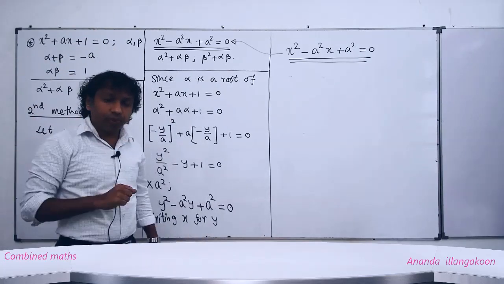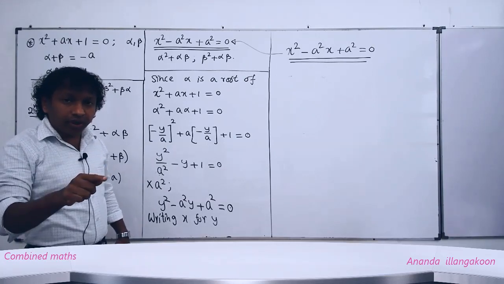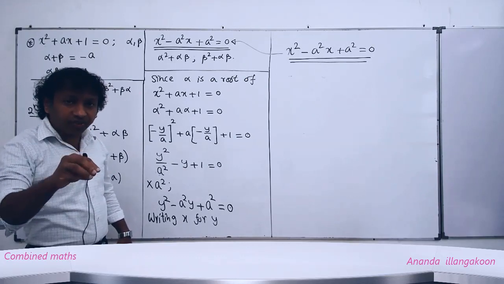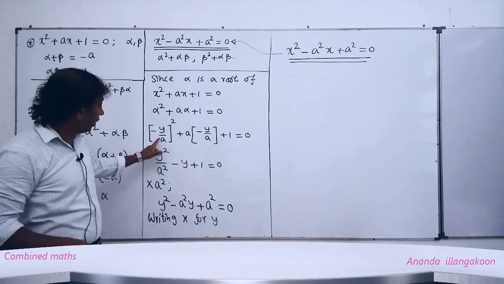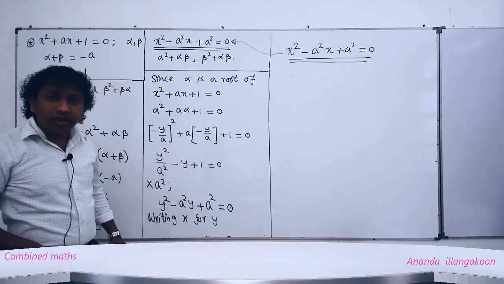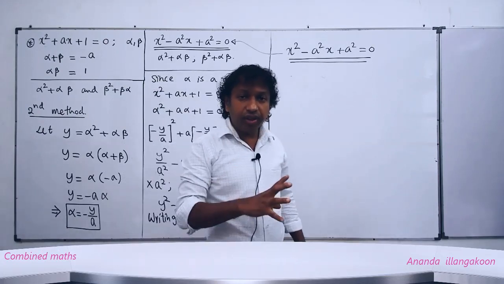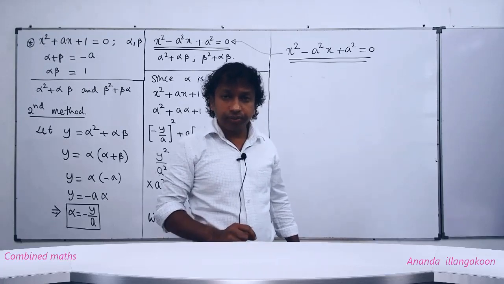So therefore, that given equation is satisfied by that root. So in the given equation, for every x, we substitute that root in terms of y like this. Then finally, you get a quadratic equation in y. That is the quadratic equation we need.